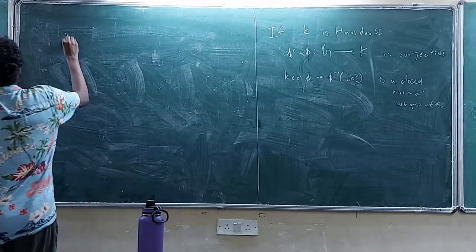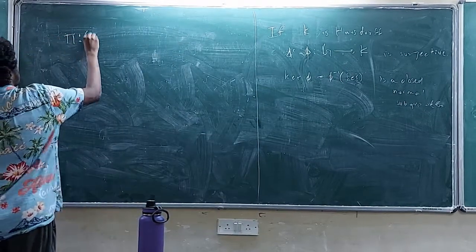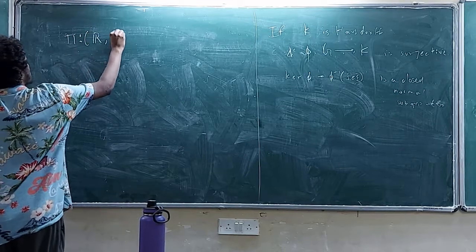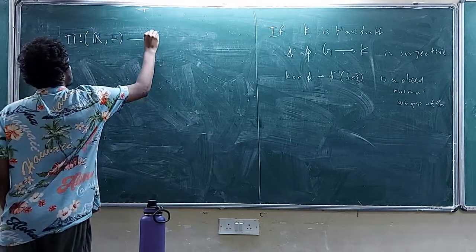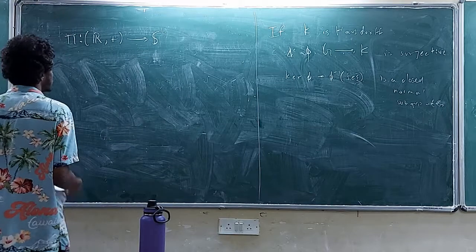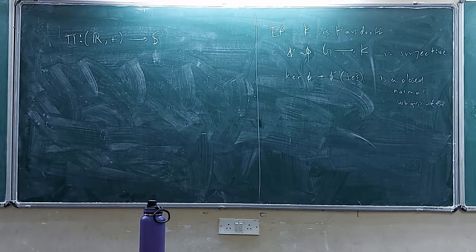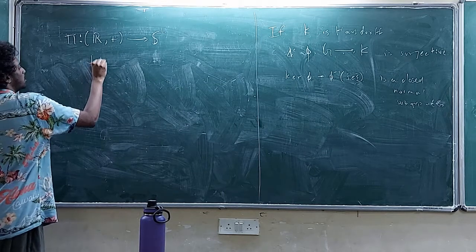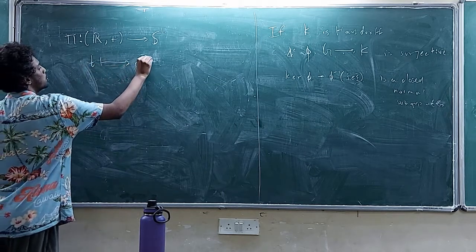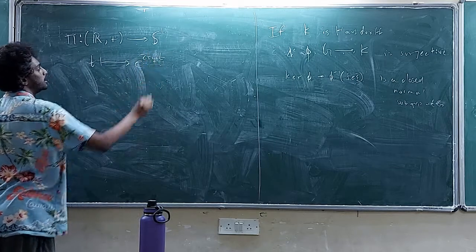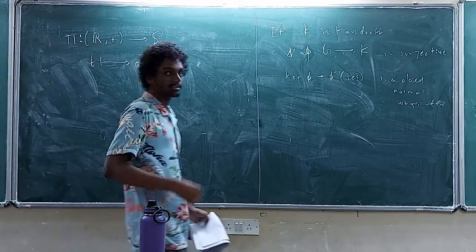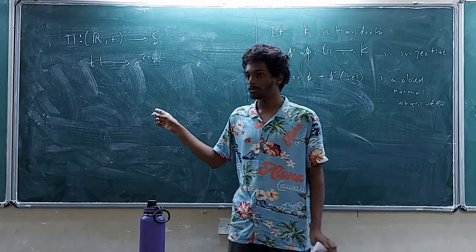So you can consider this map from R plus to the circle group S1, and that is the standard map. So what is the standard map from R plus to the circle group? The exponentiation. So t will go to e power 2 pi i t. So this is in fact a topological homomorphism, right?